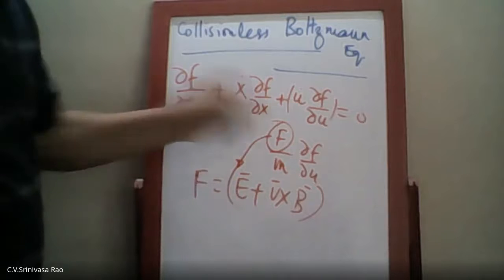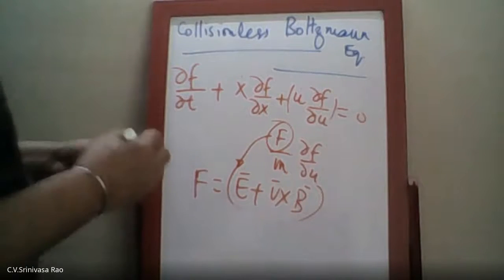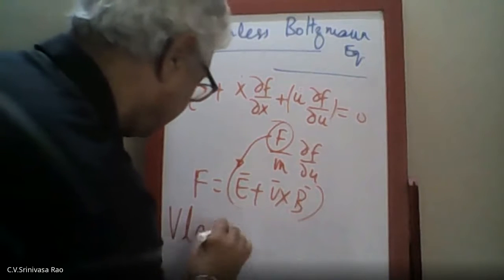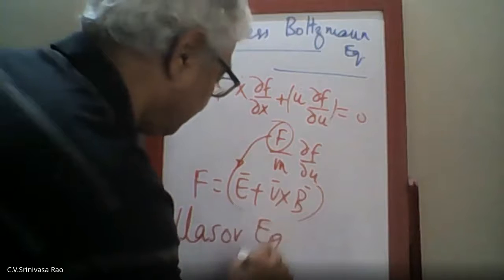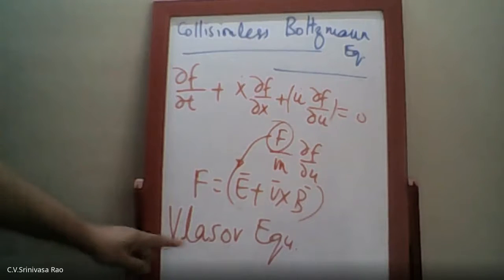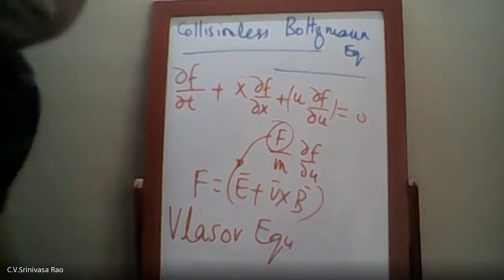So when you put these equations, this Boltzmann's equation becomes the Vlasov equation. Vlasov. You're able to see this portion?